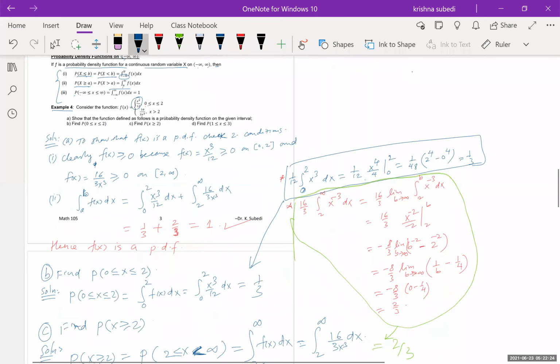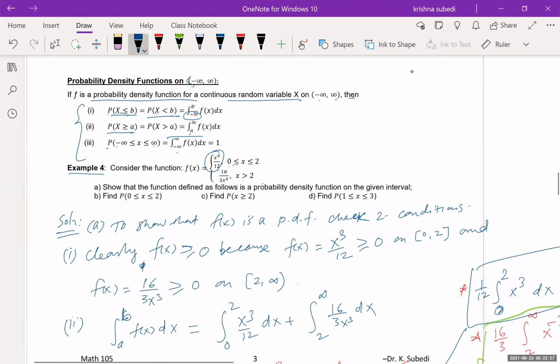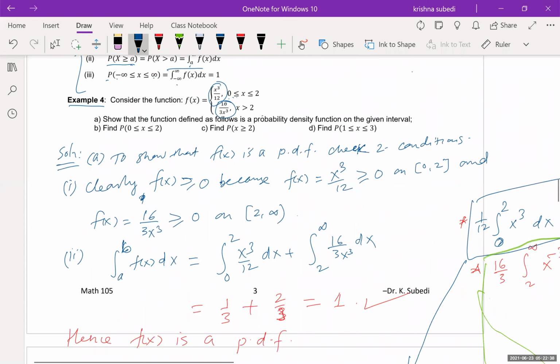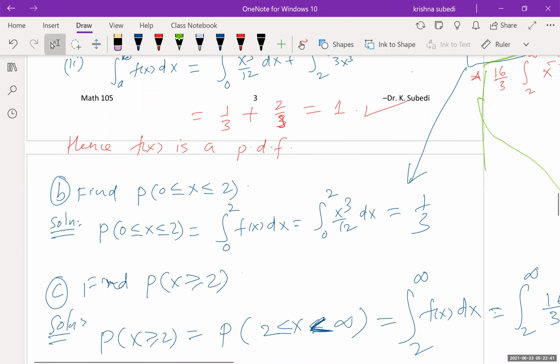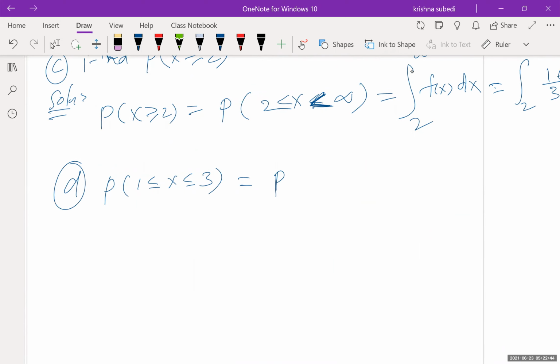So from 1 to 2, we consider the upper piece, and from 2 to 3, we consider the lower piece. So we'll split that into 2: the probability from 1 to 2 plus the probability from 2 to 3. Which gives me the integral from 1 to 2 of f of x dx plus the integral from 2 to 3 of f of x dx.